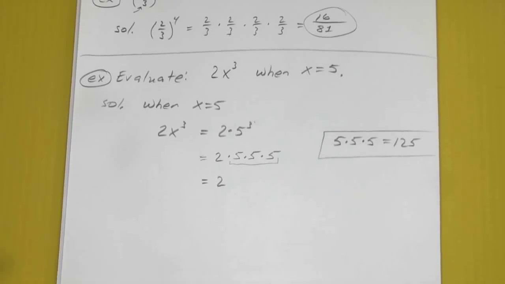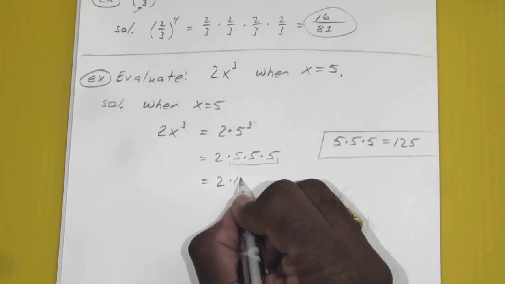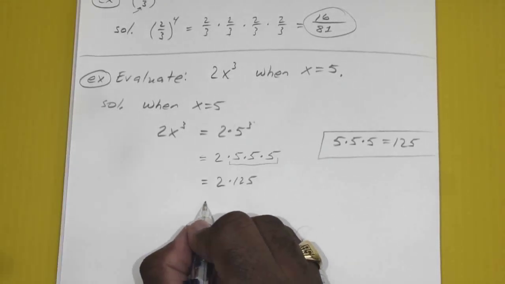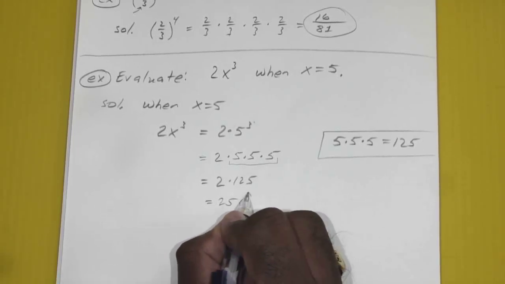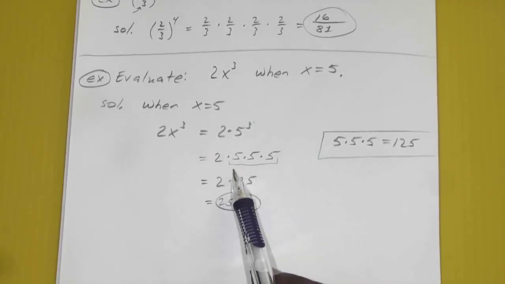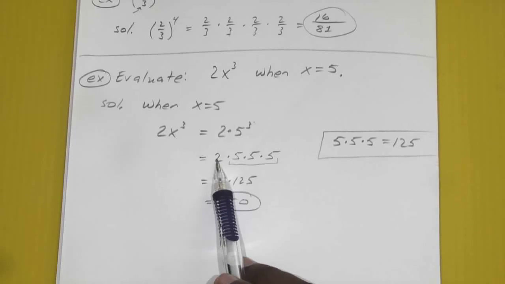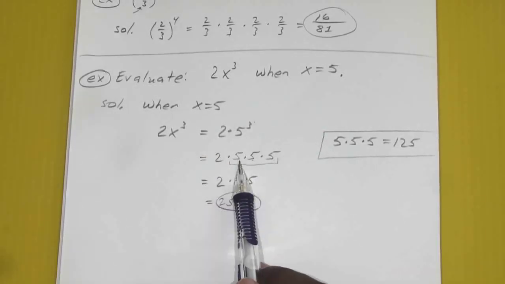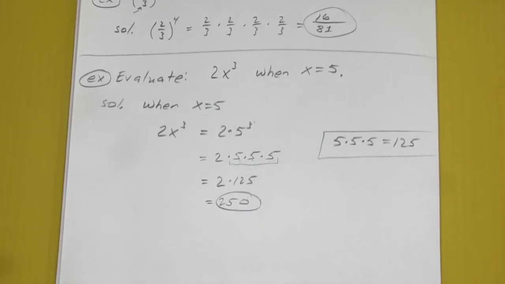So that's 2 times 125, or 250. Now you could do it that way, or you could have done 2 times 5 is 10, 5 times 5 is 25, 10 times 25 is 250. You can do it whichever order you want. Any questions on that one?